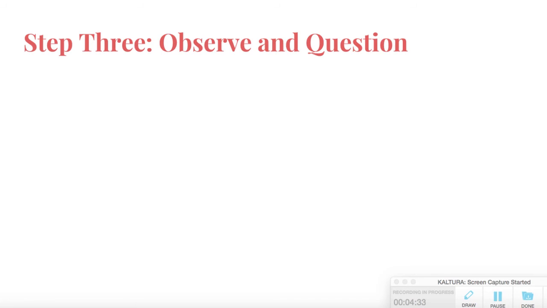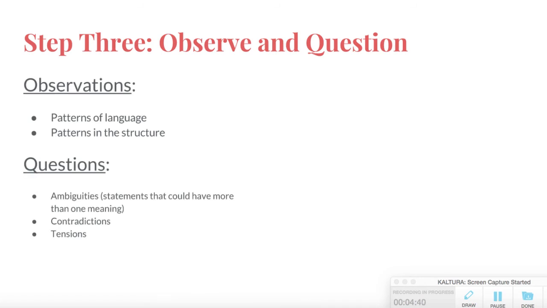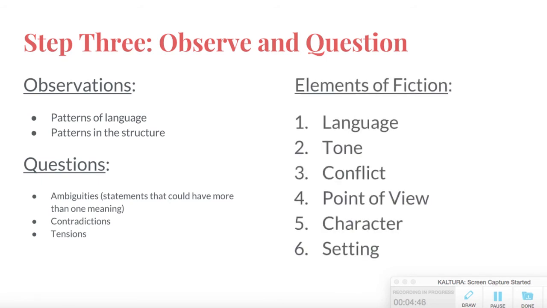In fact, all of the words, the spaces, the punctuation, at this stage we are making observations of patterns of language and structure and asking questions about ambiguities or contradictions. At this stage, every aspect of the language is meaningful. However, we can classify those aspects of language into 6 different elements.